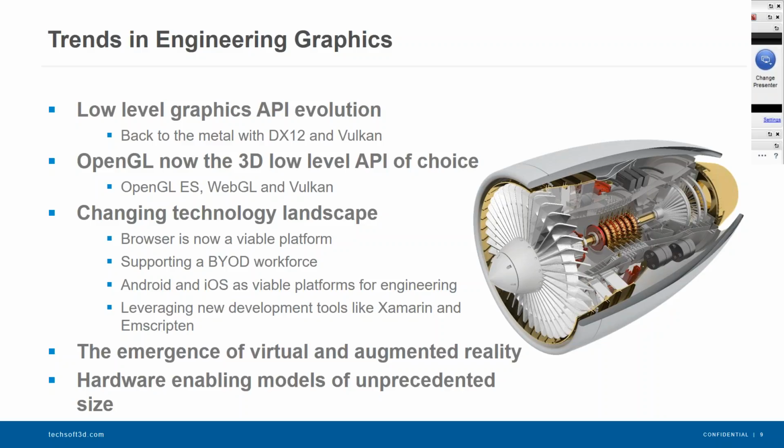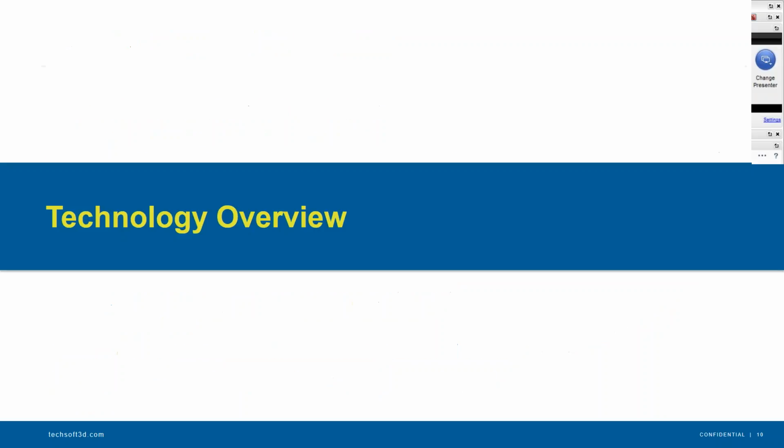Getting them working is a challenge, and something we need to be continually aware of. So that's what engineering graphics is and why it's important, and the trends going on in our industry.